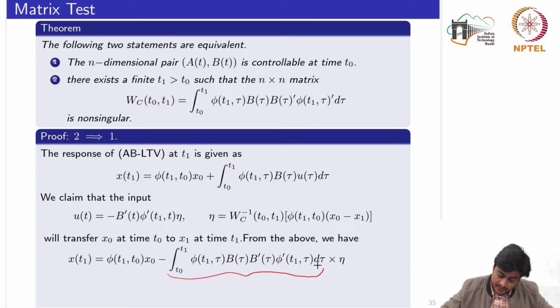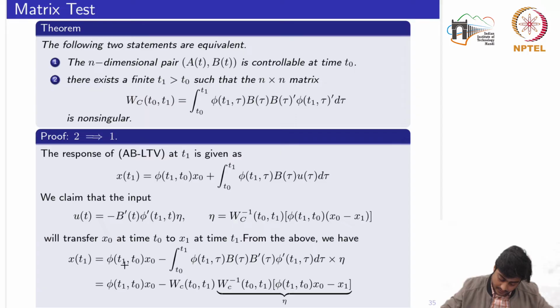This whole part is nothing but your WC of t0 comma t1, and eta is given by this one. So this part would come as it is. This is WC of t0 comma t1. This is the inverse of the controllability Gramian, which comes from the eta, and phi and x0 minus x1.